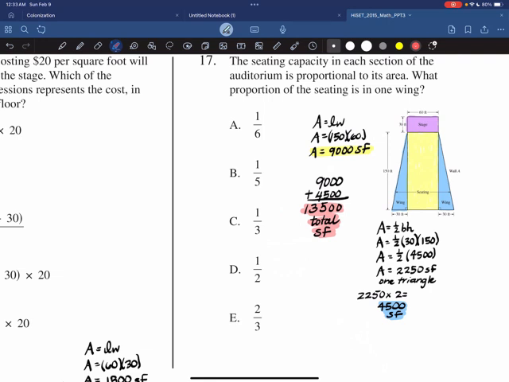Now we need to get a fraction. And that's where we have to do a little bit more reading, or I do. And I'm calculating. I think I messed up. Maybe.